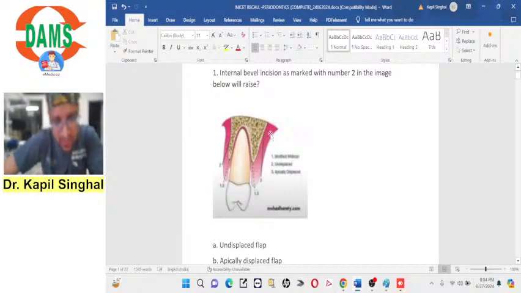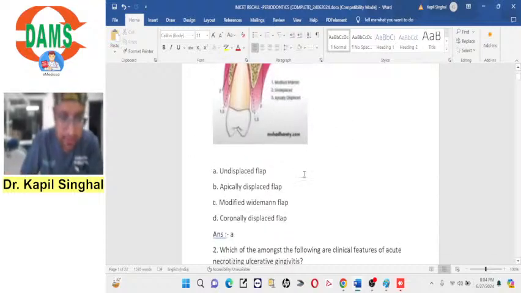The internal bevel incision is given at a distance of 0.5 mm away from the crest of marginal gingiva, and the remaining pocket wall is apically displaced and sutured. So what happens? This remaining pocket wall converts into attached gingiva. So it is also a pocket elimination surgery, but the complete pocket wall is not eliminated because the remaining pocket wall is apically displaced and sutured. That remaining pocket wall will convert into attached gingiva.